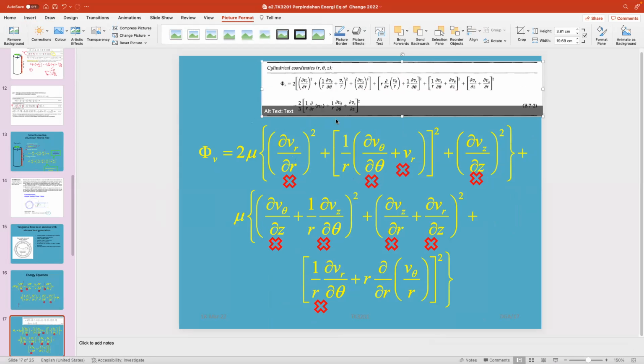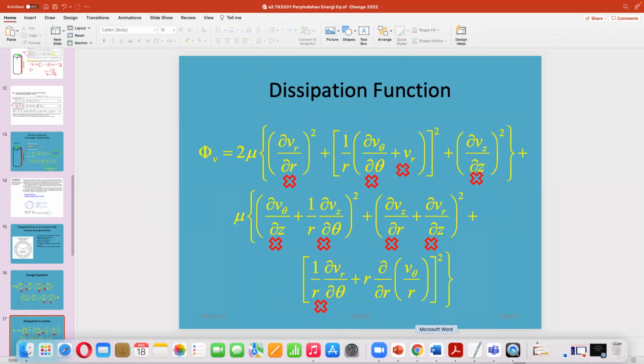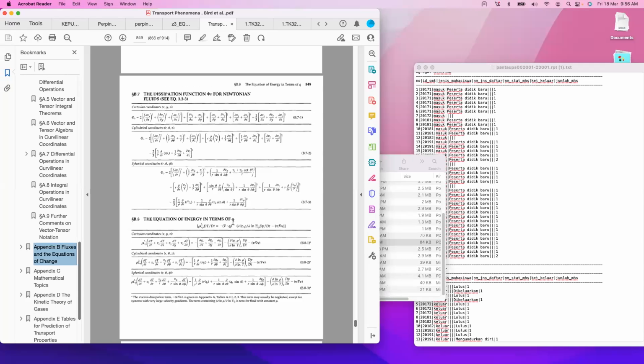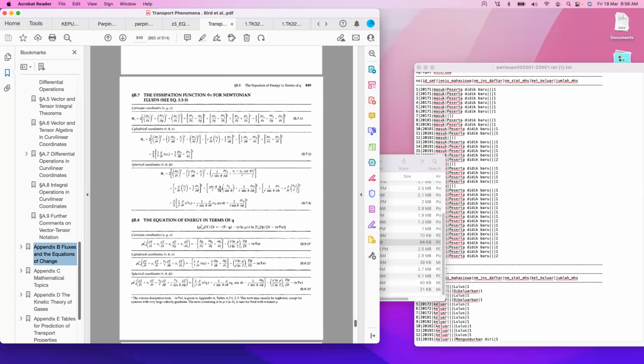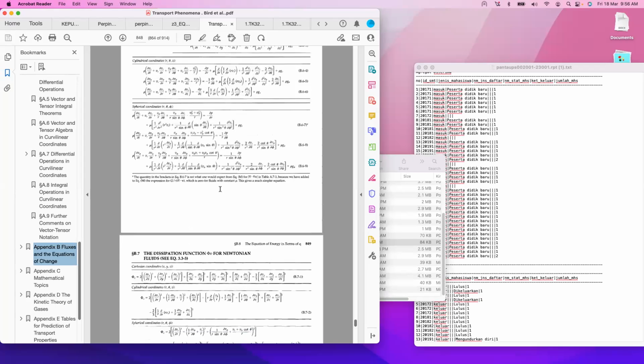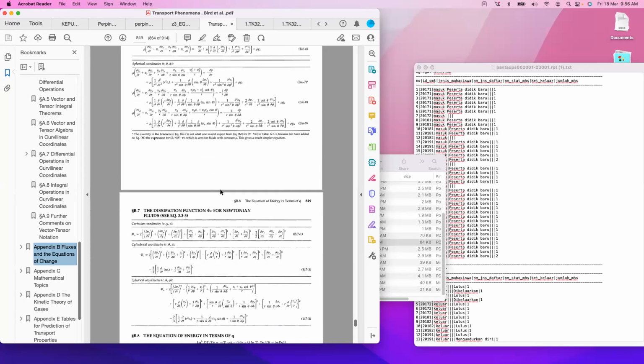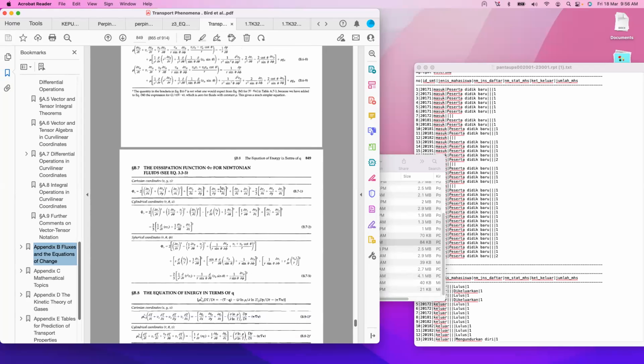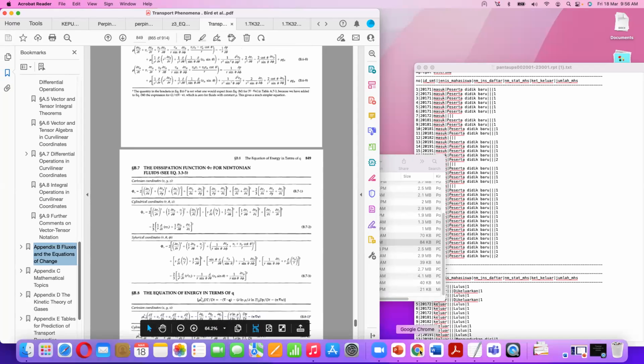This is for cylindrical coordinates. Wait, it looks like I copied the wrong one. The dissipation. Yeah, it should be that one.